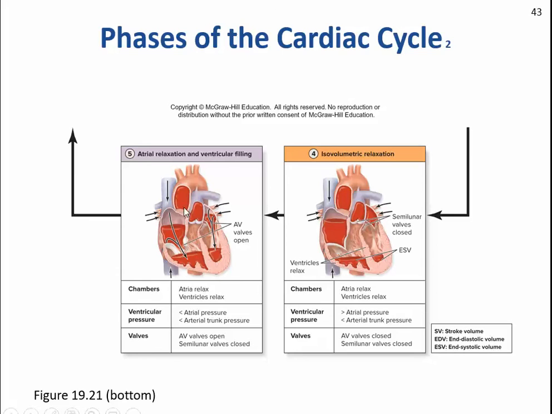Then you get isovolumetric relaxation. So this starts to relax, pressure drops. This closes first, second heart sound, but it's still not ready for this to open. It finally drops low enough that the mitral valve opens and blood flows in passively, and you start again.